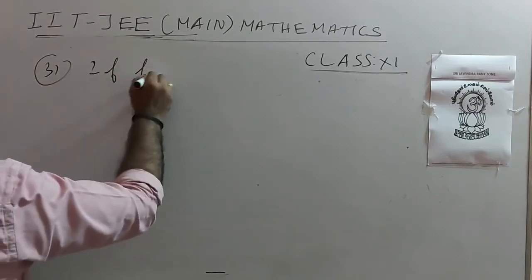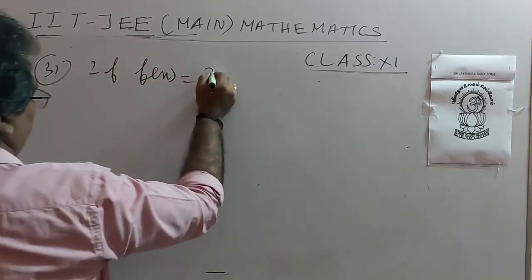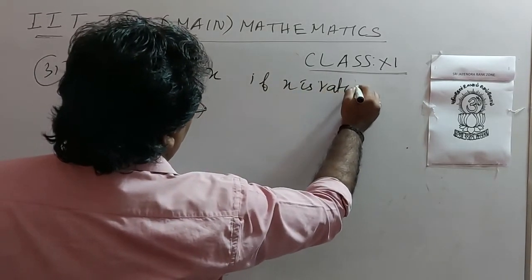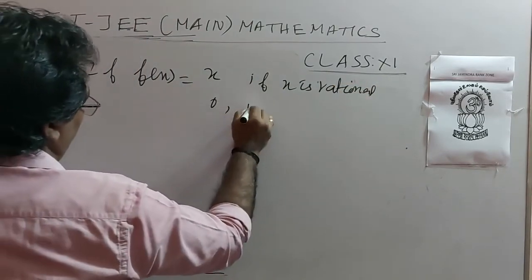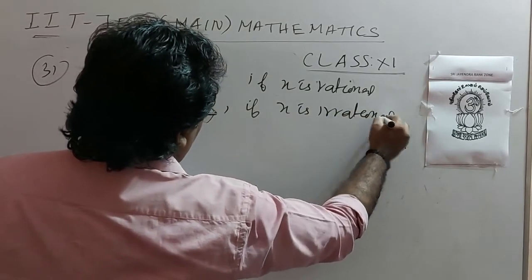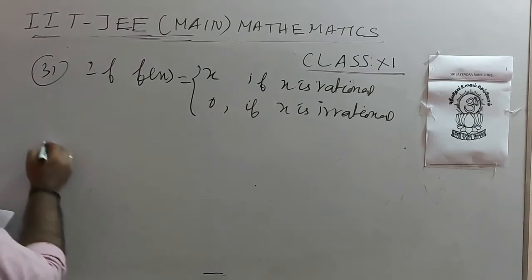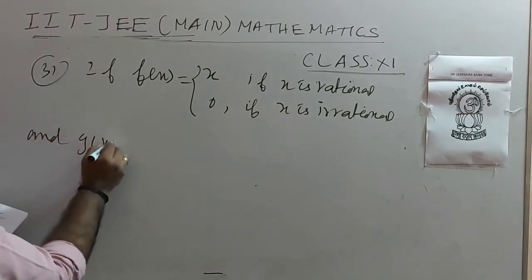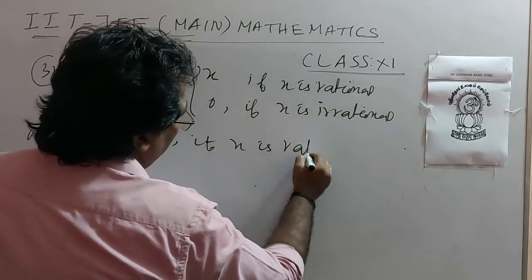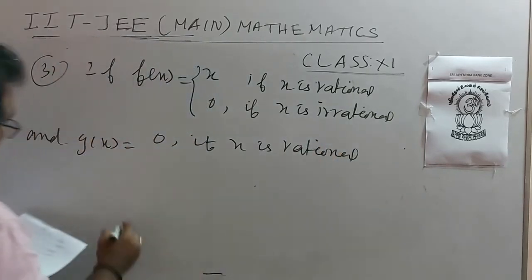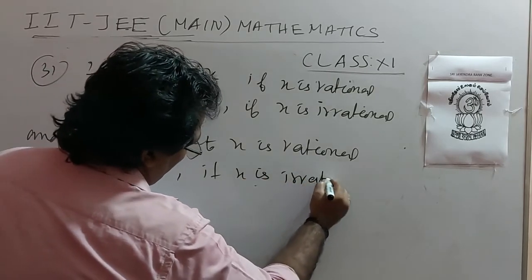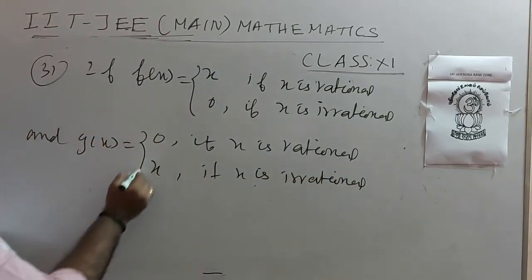If f of x equal to x if x is rational, 0 if x is irrational, and g of x equal to 0 if x is rational, x if x is irrational.